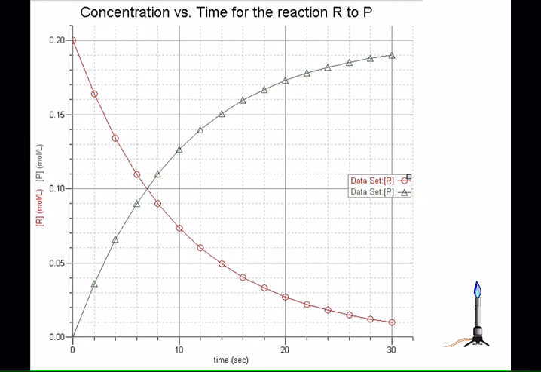On this scale, we have molar concentration of reactant and product on the y-axis, and time on the x-axis, right? So change in molar concentration over change in time is represented like here.